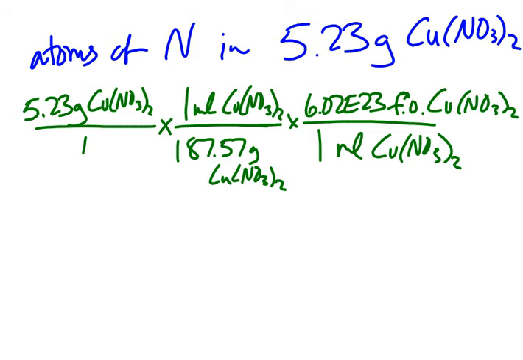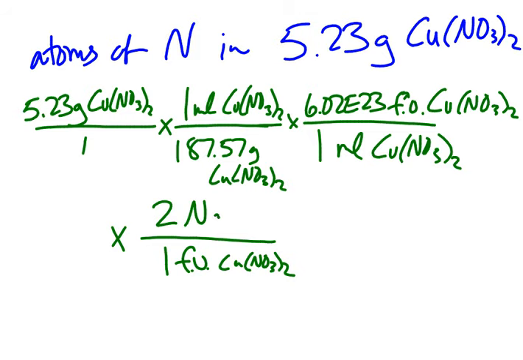Of course, I'm not done here, because if I continue on, I know that for every 1 formula unit of copper 2 nitrate, I have 2 nitrogen atoms. So yeah, a little longer dimensional analysis, but nothing beyond your control, right? So grams of copper nitrate cancel out, moles of copper nitrate cancel out, formula units of copper nitrate cancel out, and I'm left with nitrogen atoms.